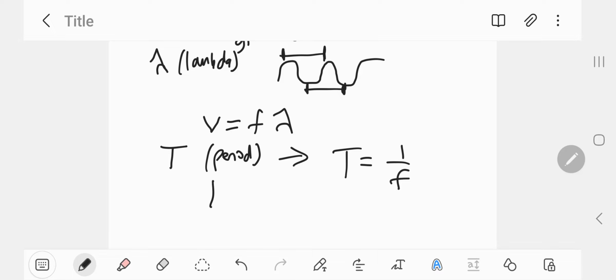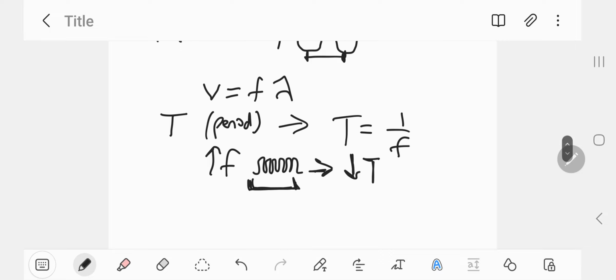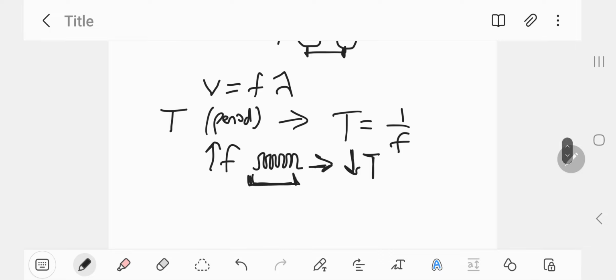In other words, if you increase the frequency of a wave, if you make more peaks compressed, you will notice less period, less time for one cycle to happen, because there are a lot of peaks, and vice versa. If you decrease the frequency, if you make the wave longer, for one cycle to occur, it'll actually take longer. So T has to go up.